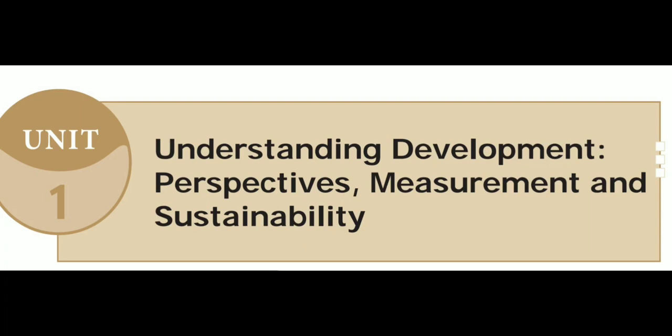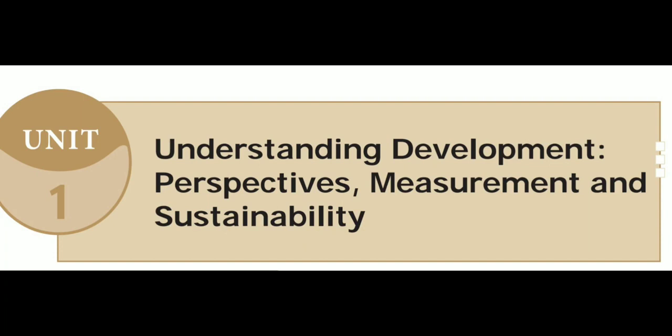Next, what we have learned about the sustainability of development. Sustainability means meeting our own needs without compromising the ability of future generations. In this sustainability, there are three pillars. What are they?